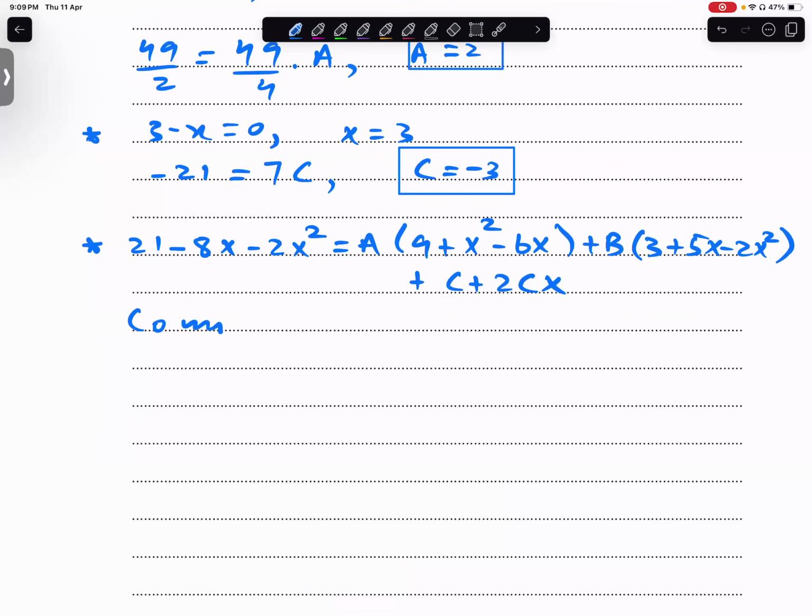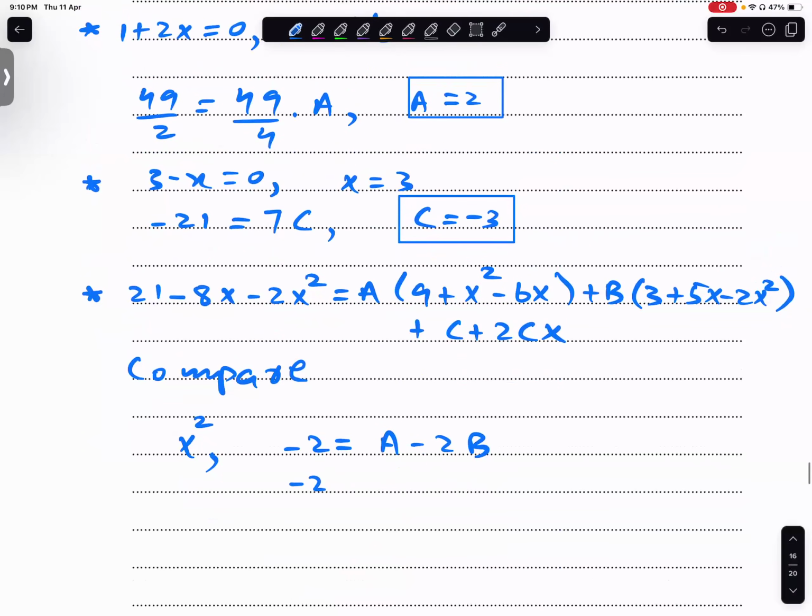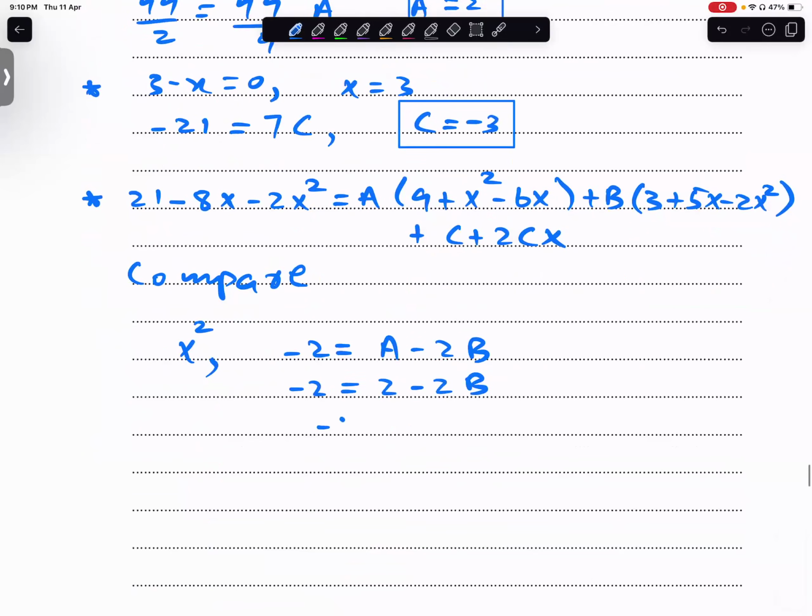Compare any coefficient. So I'm comparing x square. So minus 2 on the left side, and on the right side it will be A minus 2B. So A is 2, so minus 4 is equal to minus 2B. So B is 2.